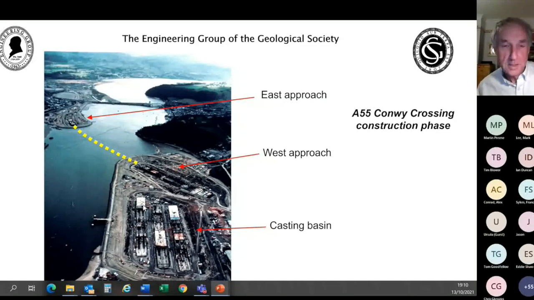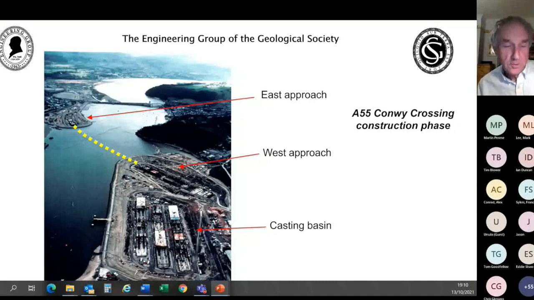So these were basically reinforced concrete sections, about 120 meters long. They were built in situ, and then eventually the casting basin was breached and they were floated out into position and lowered into position on the Conway estuary and joined up with some clever joints to the cut and cover sections at each end. So all of those 3 excavations are actually on reclaimed land.